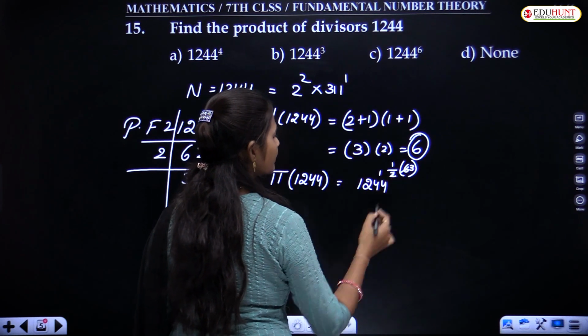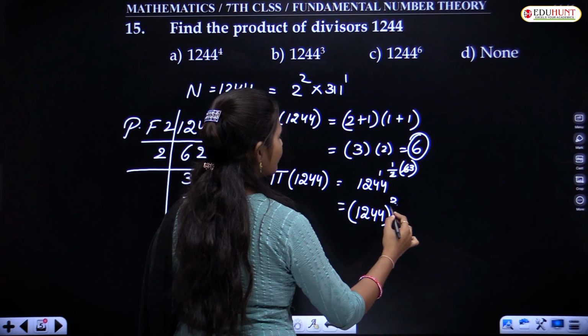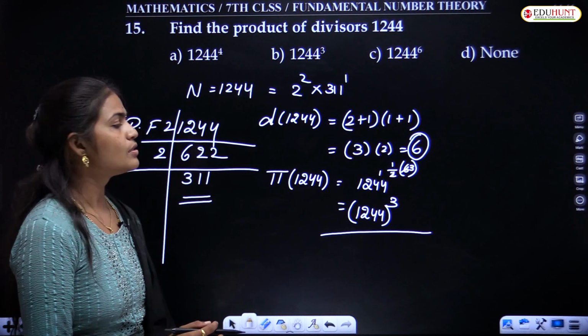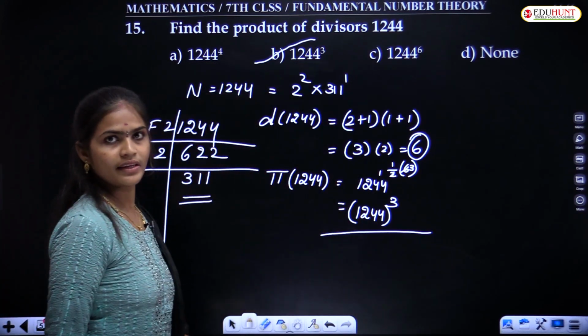So 2 1's are 2, 2 3's are 6, which gives 1244 whole cube. Which option is correct? Option B is correct. Is it clear?